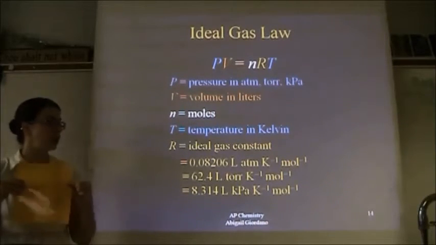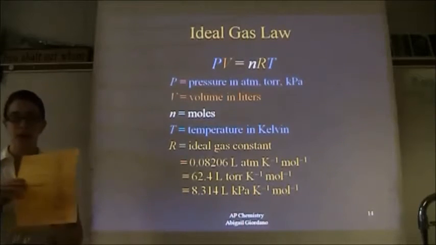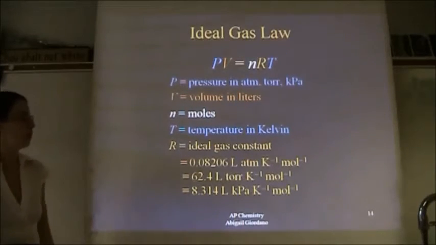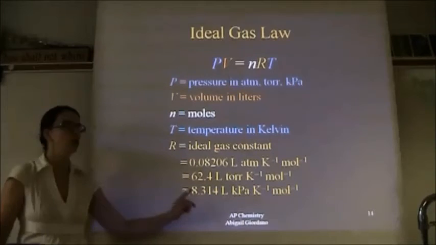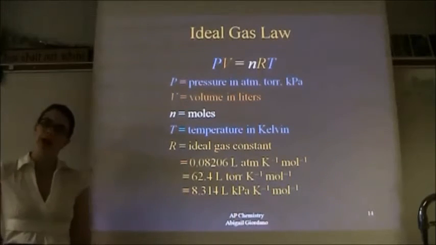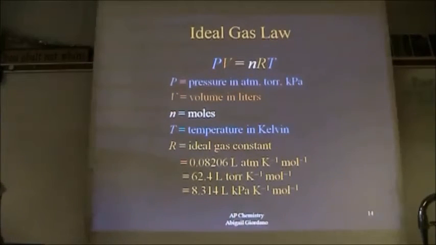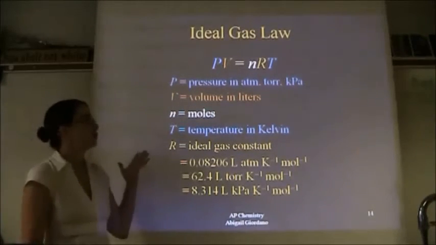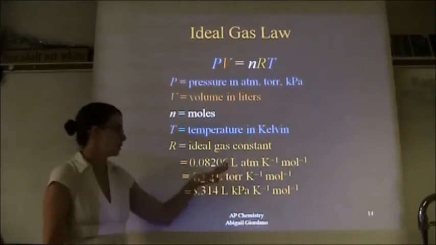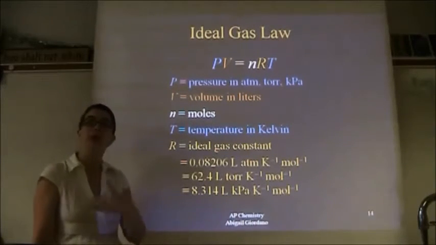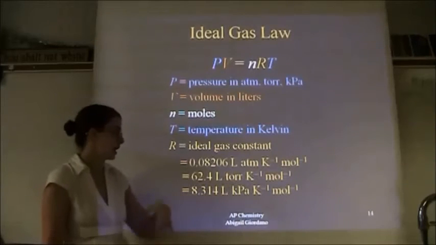So there's no need to memorize them. Now see if you remember this from Chem 1. How do you know which one to use? What are your units of pressure? If your units of pressure are atmospheres, you're using this guy. Torr, or millimeters of mercury, you're using this guy.